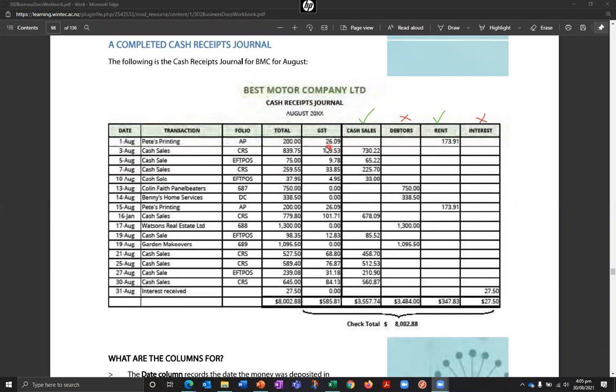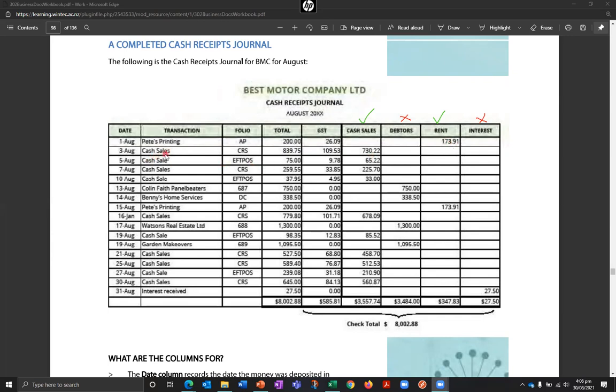So we do a GST calculation to find out the GST amount of the GST inclusive total. If you remember, that calculation is 200 times 3 divided by 23. You write in the amount here, and then you take this away from 200, which will give you $173.91 left over. Because we know that Pete's Printing is a payment for rent, we write that amount into the rent analysis column.